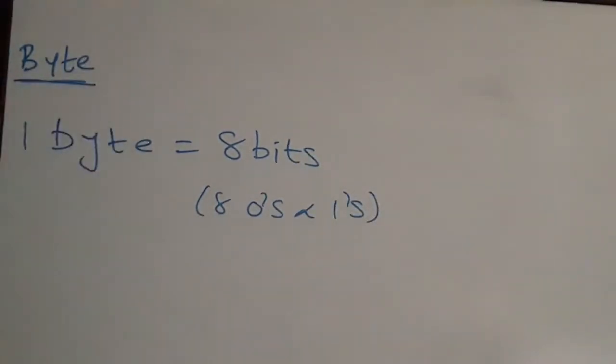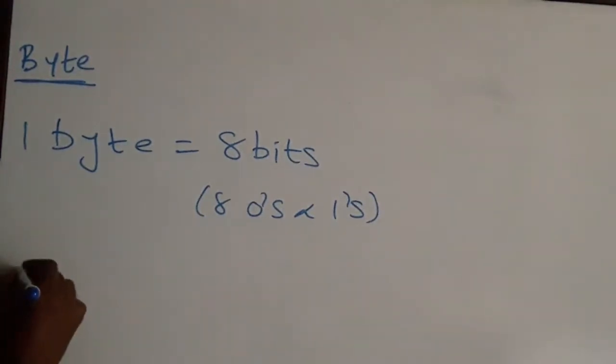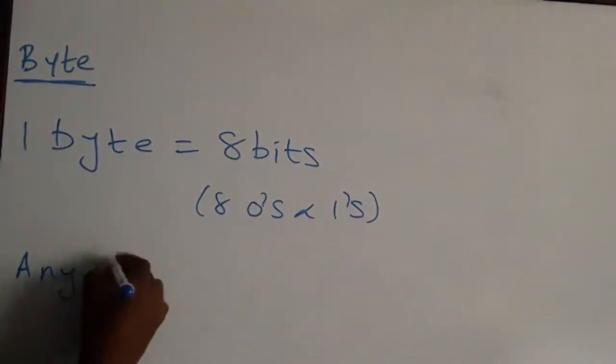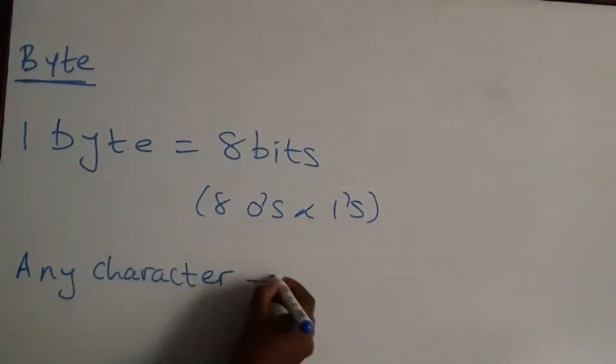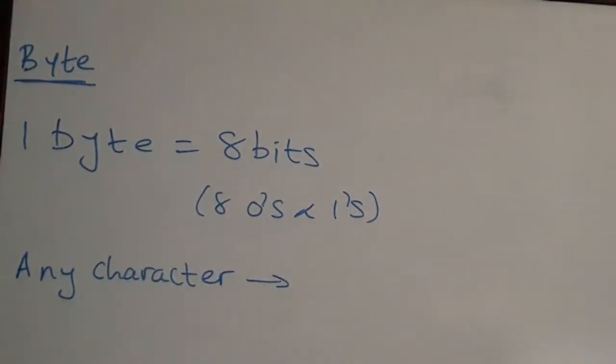Now why do we need the concept of byte? Any character on your keyboard, when you press it, must be converted to the binary system of numbers, and how many binary digits you'll need for it is 8.